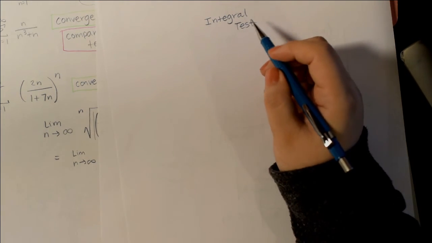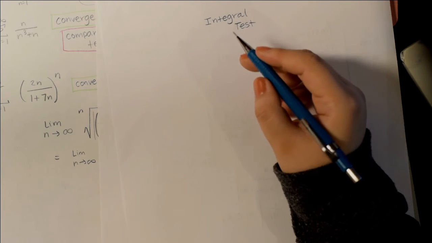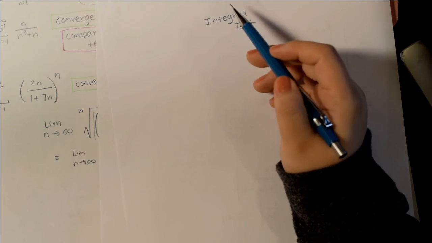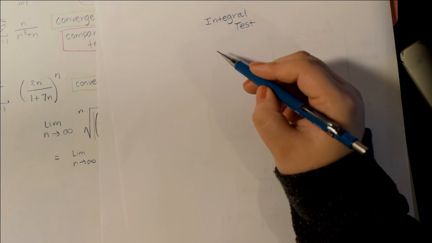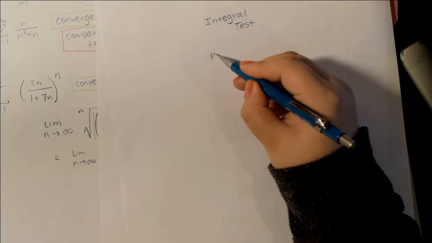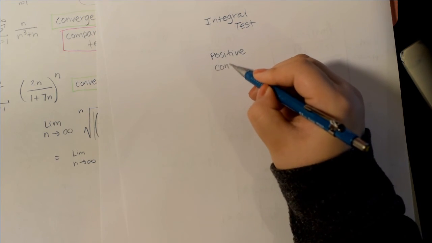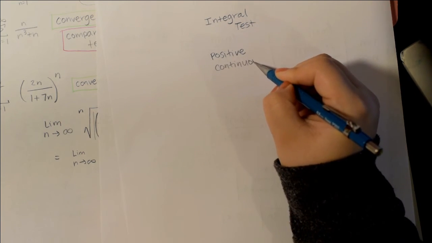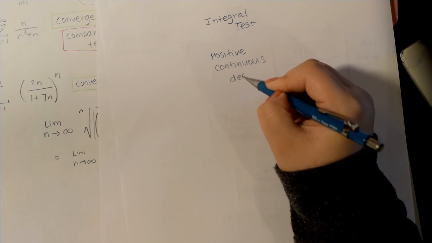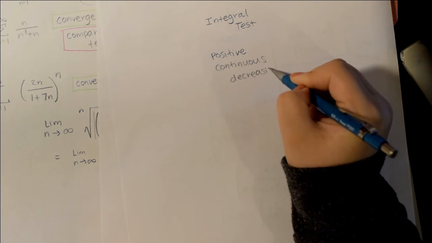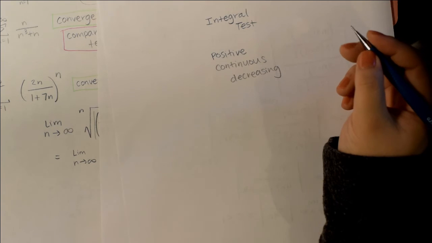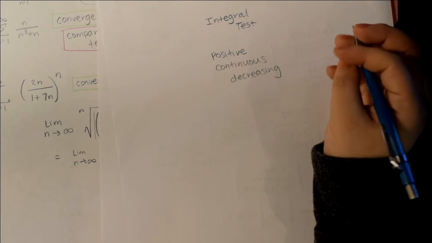There are conditions for it to work, and you have to show that your series or your function is positive and continuous and decreasing on your interval. The problem that I had is a little more tedious to show that.